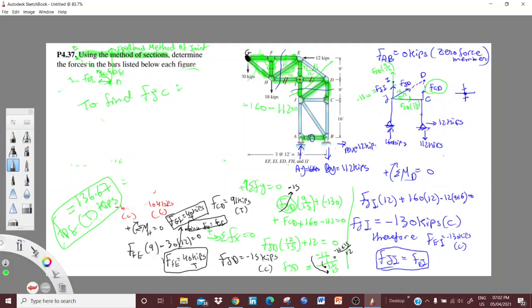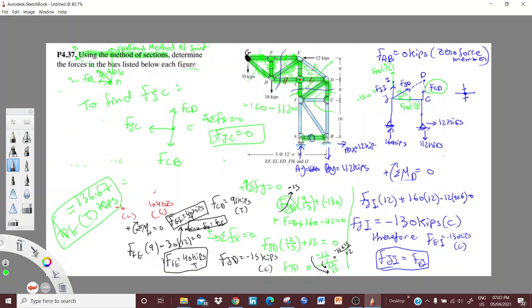If I take the method of sections and do a cut like this, here is C. Here's the force of FCD, here we have the force of FJC or CG, and here we have the force of FCB. If we say summation of Fx equal to 0, you can see that it is a zero force member at C, since FJC is equal to 0 kips.